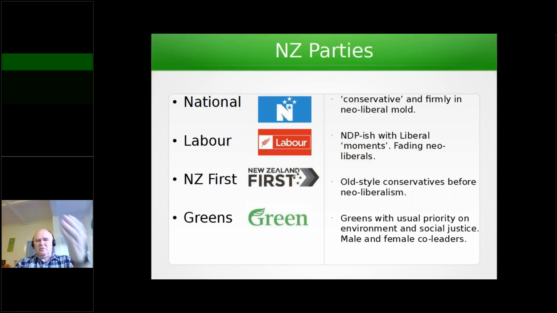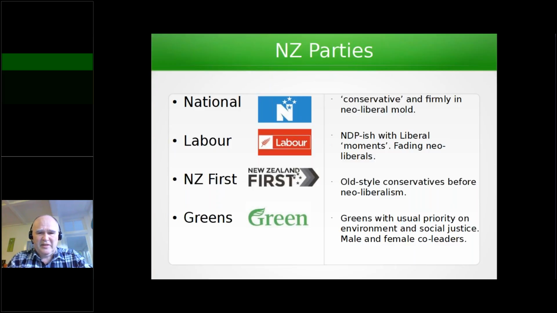And where Winston Peters broke away from them, he led this party, and he grabbed a reasonable chunk of the constituency of the old National Party, who firmly support that approach. He's a very populist character, Winston Peters. He's 72 years old now, and he's been leading this party since the early 90s. So he's long in the tooth, but he's a wily old lawyer, a lot of experience, and he says some outrageous things.